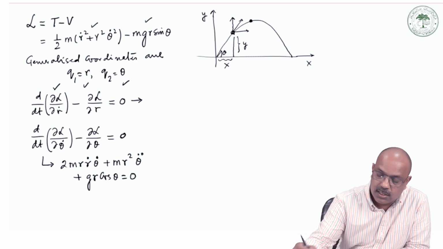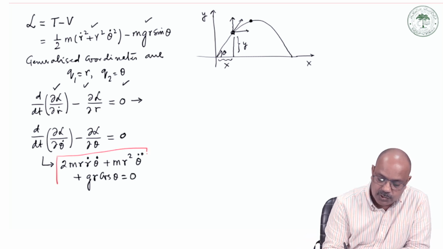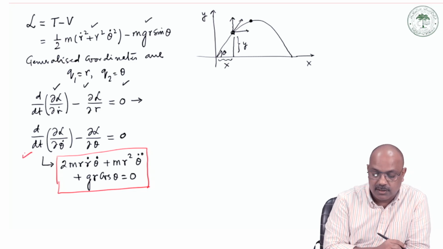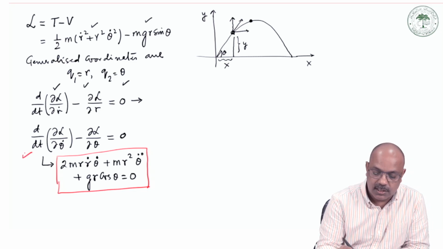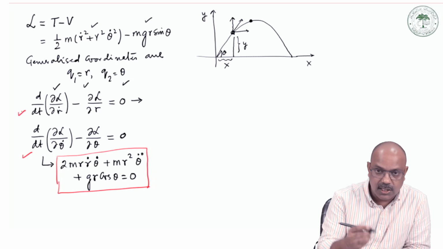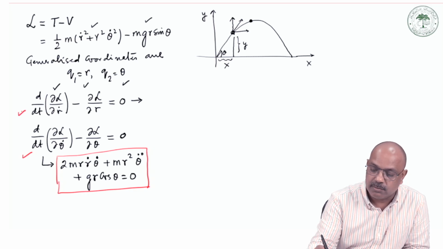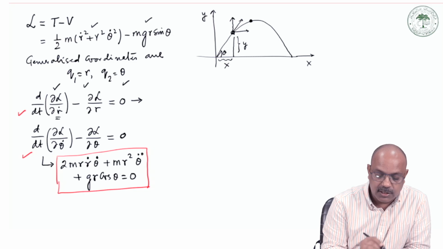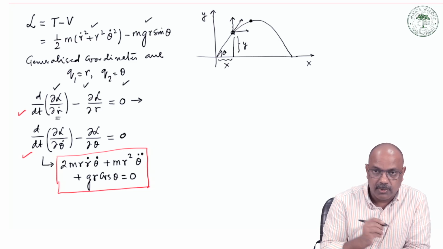This was the Lagrangian equation of motion corresponding to the theta generalized coordinate. So now let us calculate this one again, because in the previous lecture I made a mistake while putting the value of del L by del r dot.